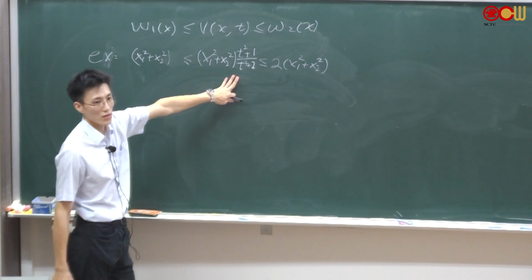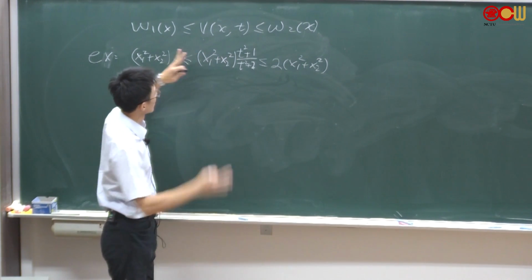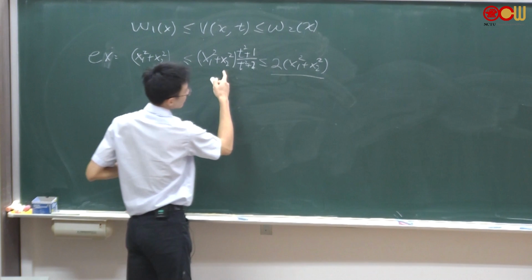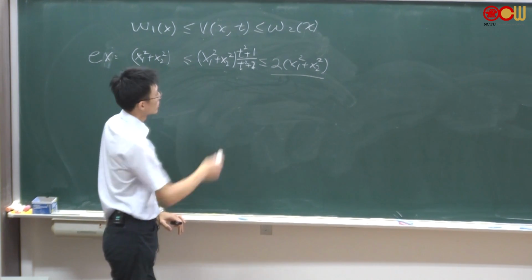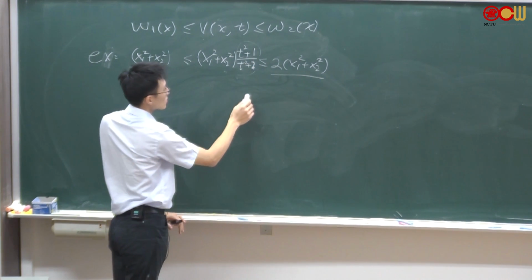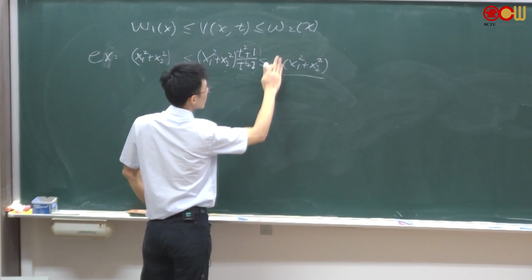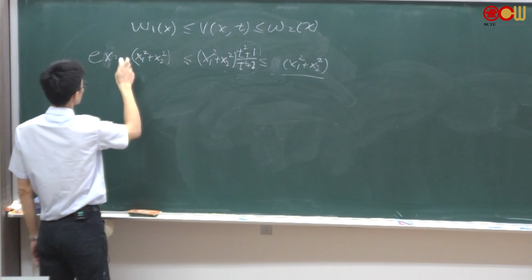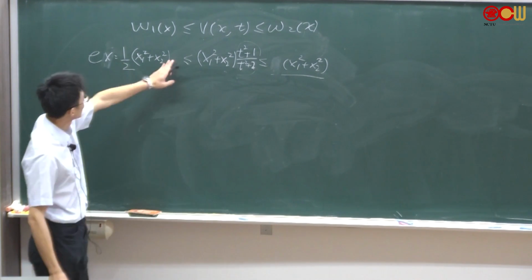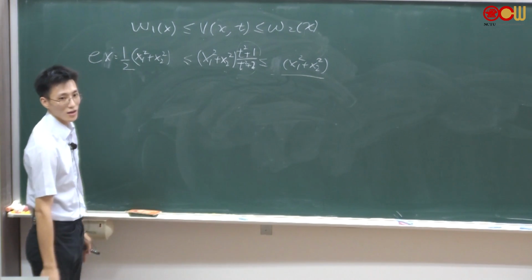So now it's a function of time, right? Can you find some PD function that upper bounds this? So what is the upper bound of this function? 1, right? And the lower bound is what? 1 over 2, right? This is the same as this.